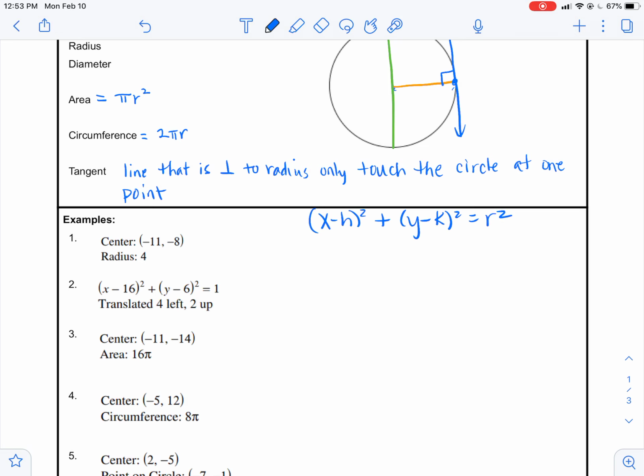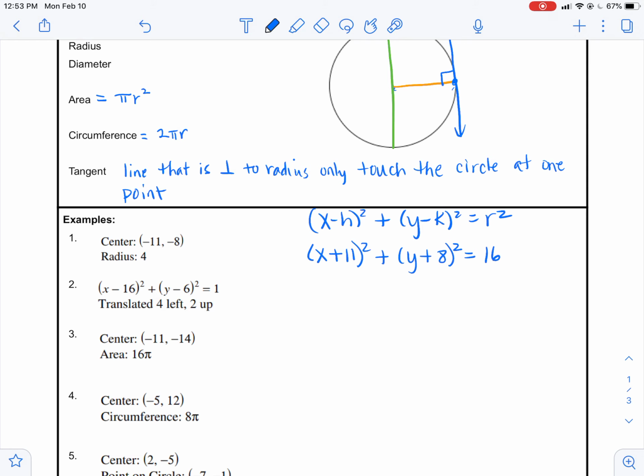And so on this one, since you are given the center and you're given the radius, you can just plug the numbers in. So this would be x, and then it's going to become plus 11 squared, plus y plus 8 squared equals, and again it's radius squared, so that makes that 16.